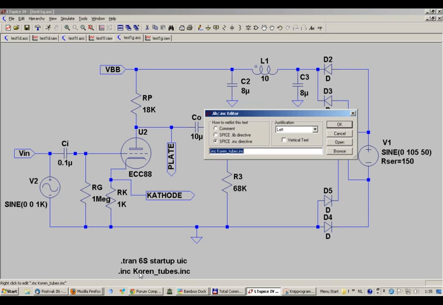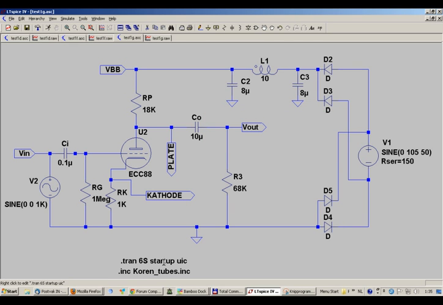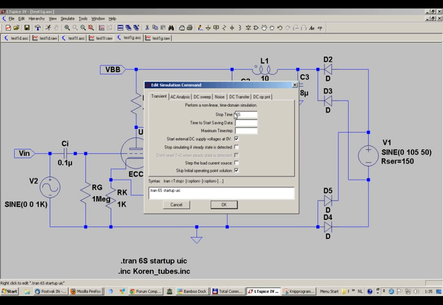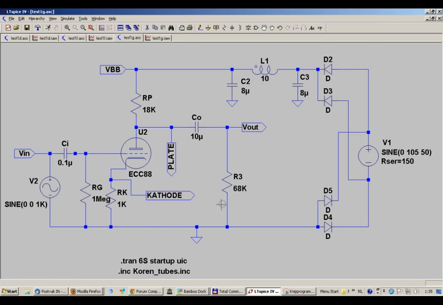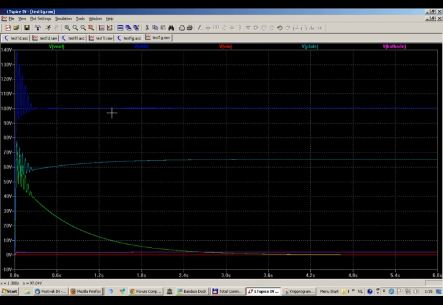So if we look here, we have to include the current tubes.inc file. We set up a transient analysis with a stop time of 6 seconds. And this results in a curve here.